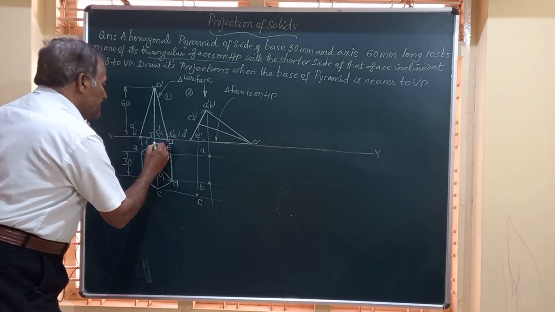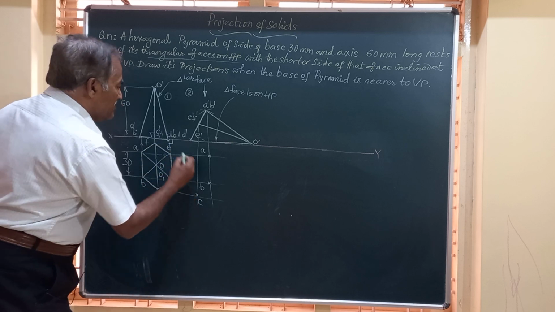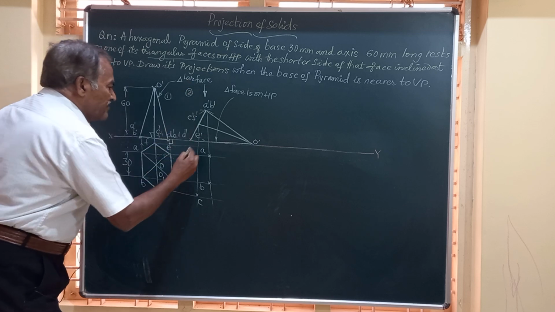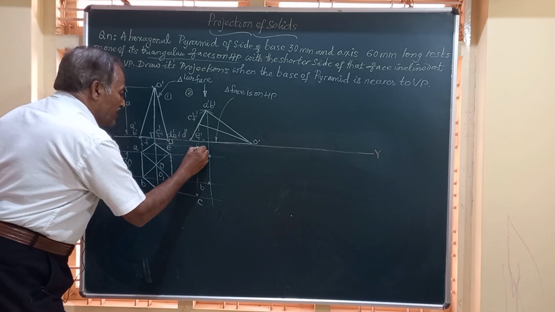Then comes E on this side: horizontal from E, then vertical from E dash. They meet at this point.